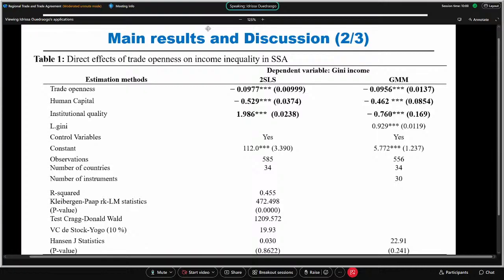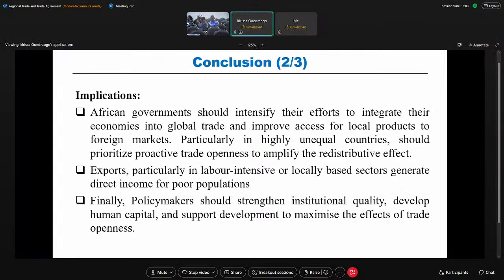They should prioritize proactive trade openness to amplify this negative effect of trade openness on inequality. Exports, particularly in labor-intensive or locally based sectors, generate direct income for the poor population. So policymakers can strengthen exports in those labor-intensive sectors.